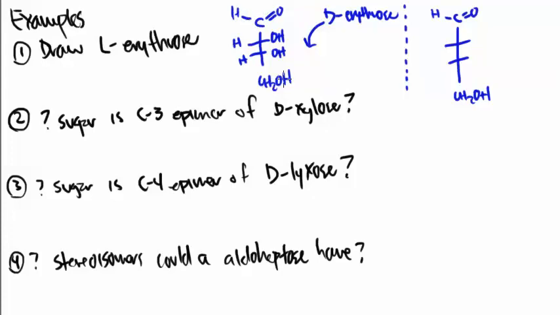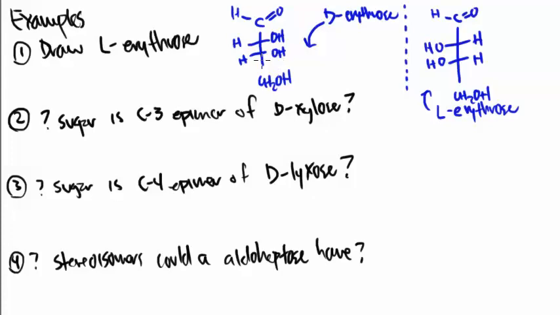The CH2OH at the bottom doesn't really flip either. It stays at the bottom. There's no left-hand side and right-hand side for those. The only ones that get left-hand side and right-hand side are the OHs and the H's. So this, ladies and gentlemen, is the structure for L-erythrose.